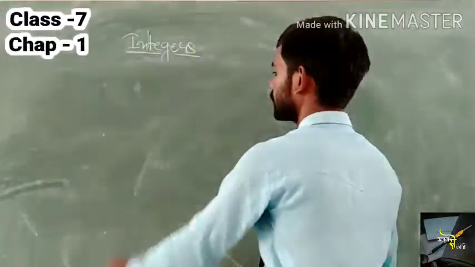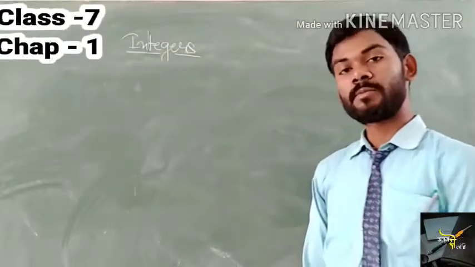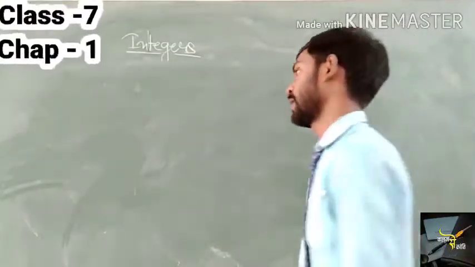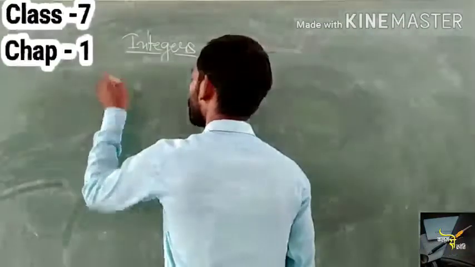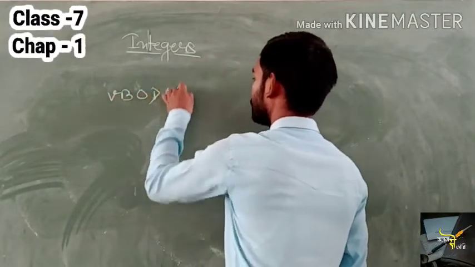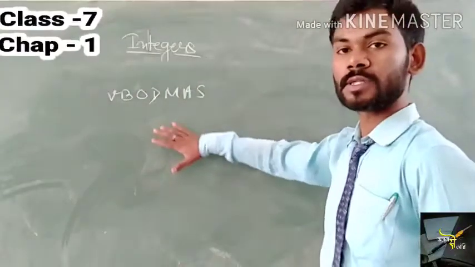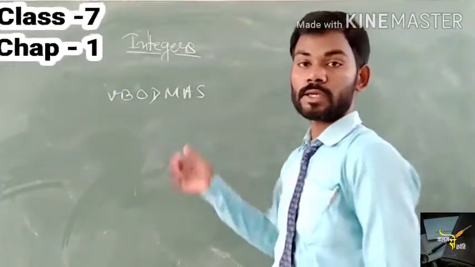In order to solve questions based on simplification, we have to remember a rule, and the rule is VBODMAS. Let us see what the rule is.